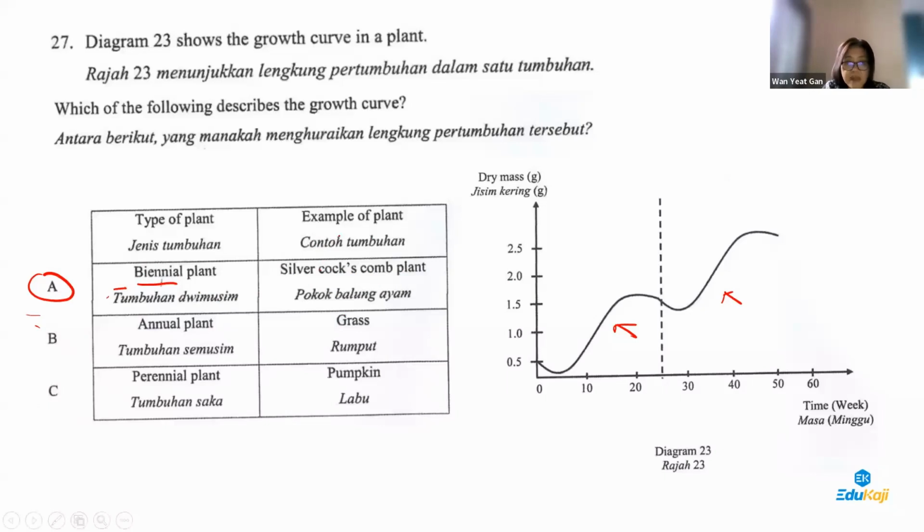Now, an annual plant is a yearly plant that has a single sigmoid growth curve, while a perennial plant is a plant that undergoes growth every year. So they consist of many sigmoid curves over the entire lifespan.